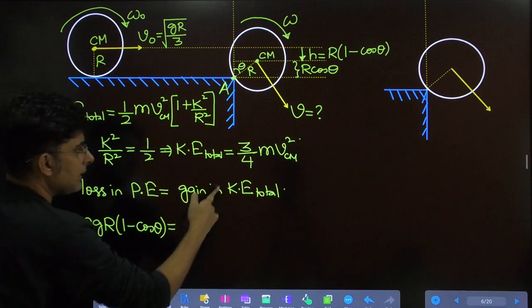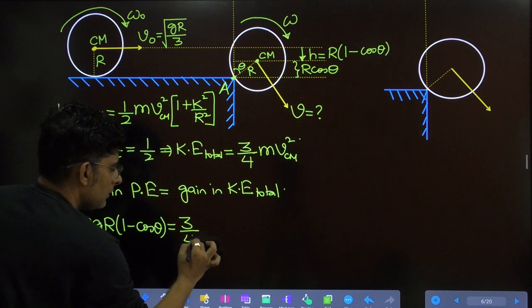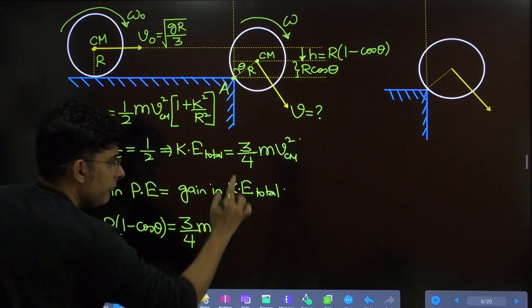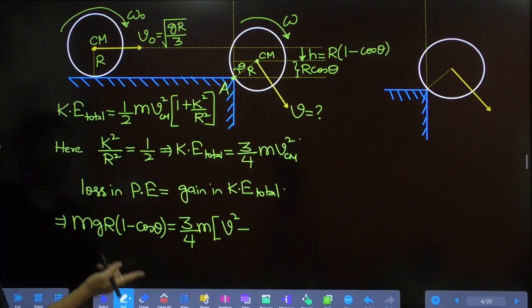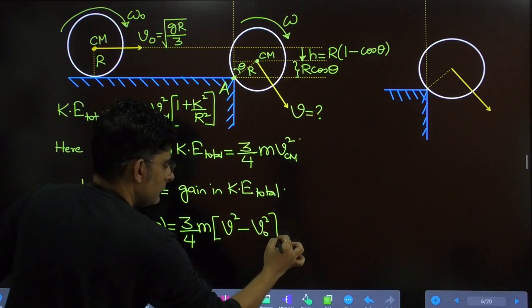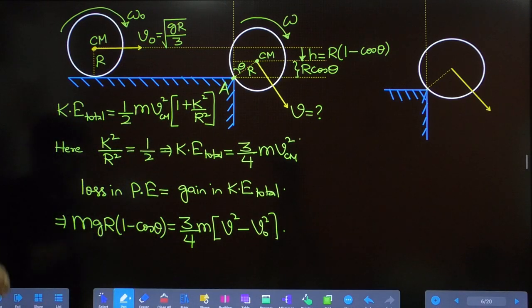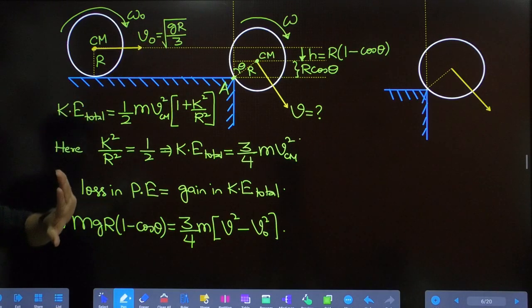The gain in kinetic energy we got as 3 by 4 m, with V cm final taken as V, so V squared minus V cm initial, which is V naught squared. Got it? We already have the value V naught as root gR by 3.